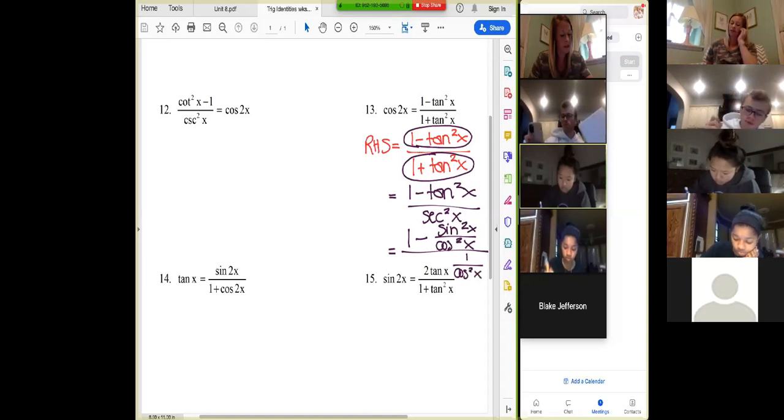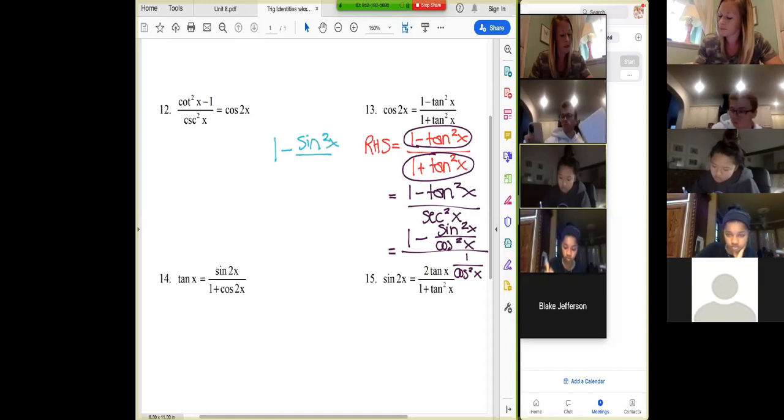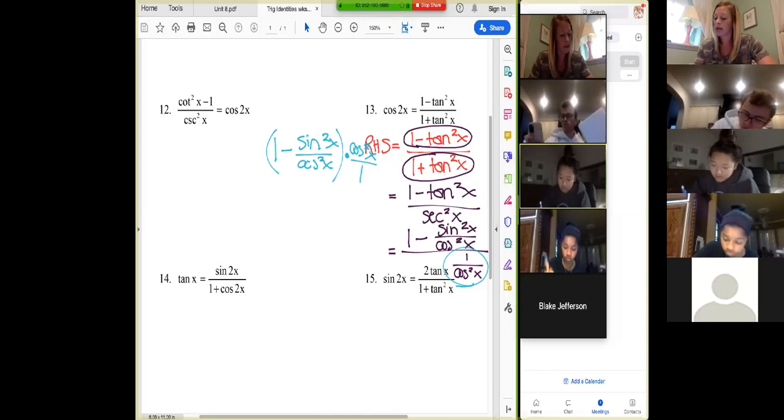Now, we do not love double fractions. So what does our algebra tell us to do with double fractions? Keep the top and do what with the bottom? Flip and multiply. So if I flip the bottom, which was 1 over cosine squared, I'm making it cosine squared over 1, or just cosine squared. But the top has 2 parts to it, so I actually have to distribute. Cosine squared times 1 is cosine squared.